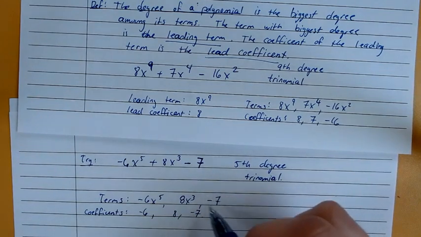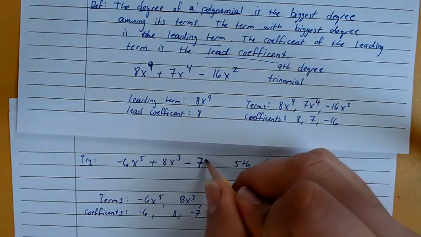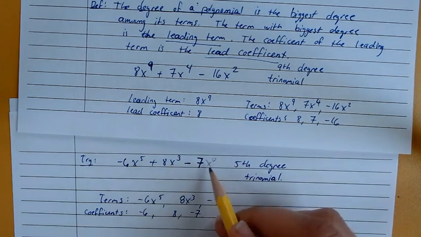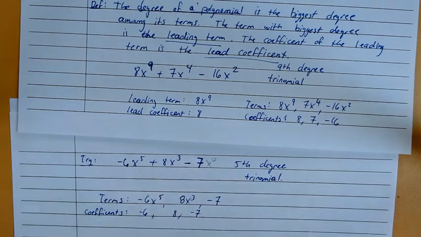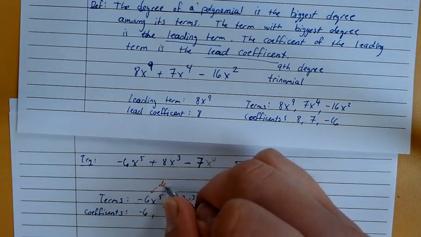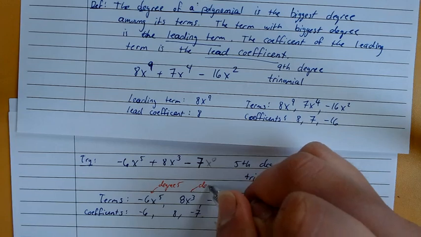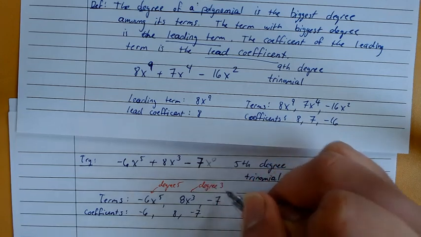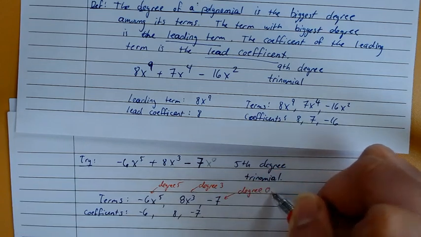Whenever you have a constant by itself, we mentioned once before, you can think of this as being negative 7x to the 0 power, because anything to the 0 power other than 0 is the number 1. So negative 7 times 1 is just negative 7. So here, these terms have a degree. This has degree 5. This has degree 3. And this one has degree 0. Keep that in mind.